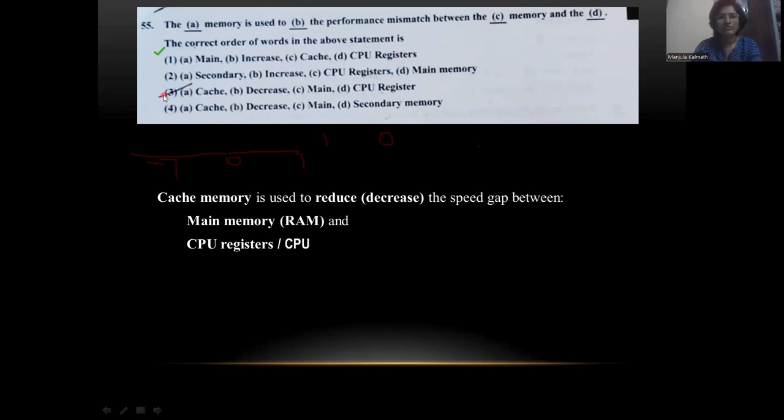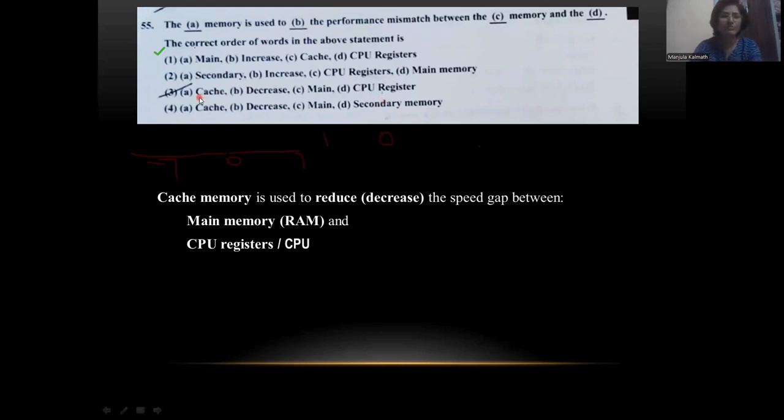So here we can go for option 3. Here we have the cache memory is used to decrease the performance mismatch between main memory and CPU registers.